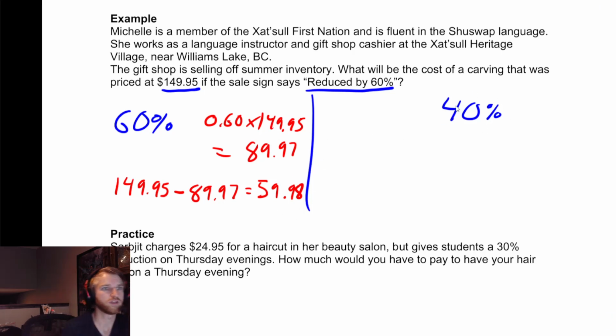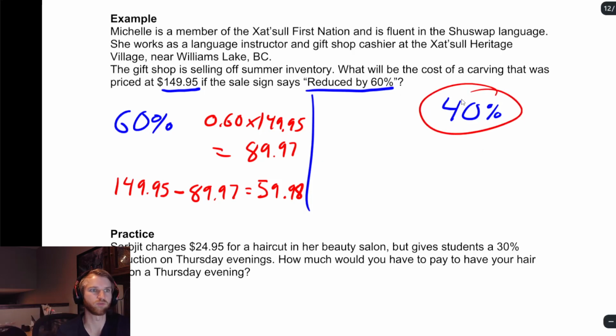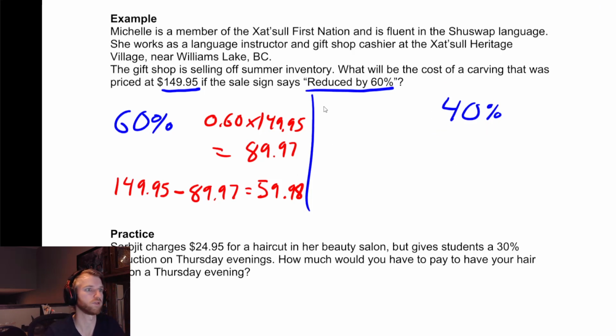Now, doing it this way, rather than figure out the 60% we were taking off and subtract it, we know we're going to be left with 40%. So let's just figure out what's 40% and call it a day. 40% as a decimal would be 0.40. Divide that by 100, and then multiply by 149.95.